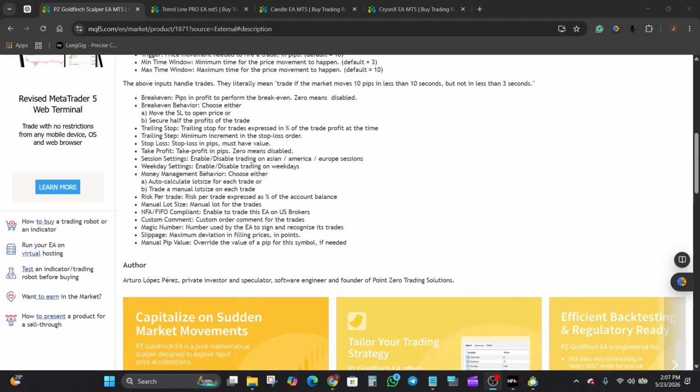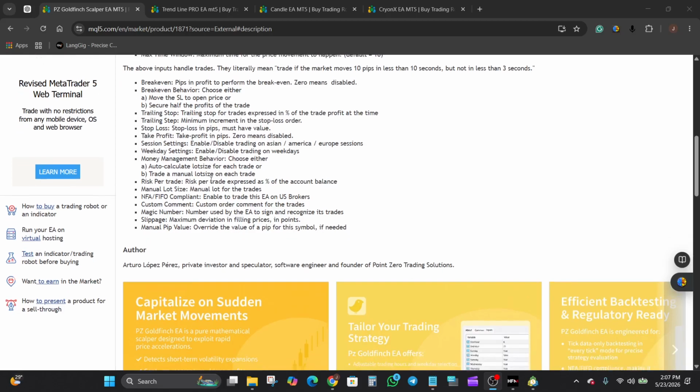Now, there is also a money management section where you can either use auto lot sizing based on account balance or set a fixed manual lot size. So risk exposure is not fixed by default, and can be adjusted depending on how the trader wants to operate.